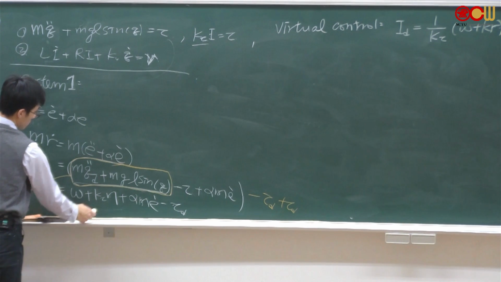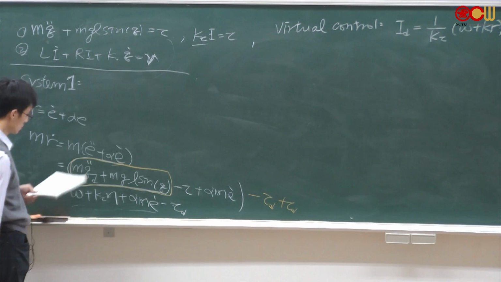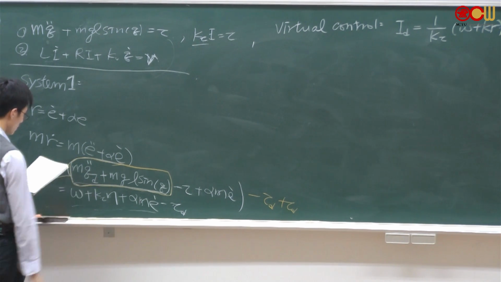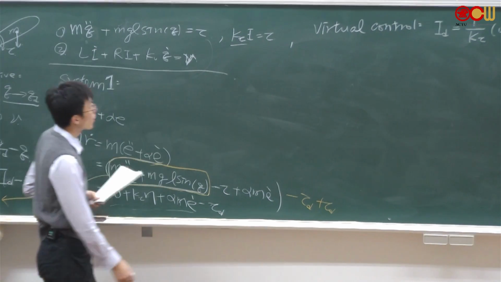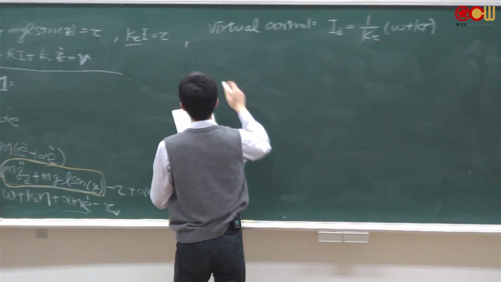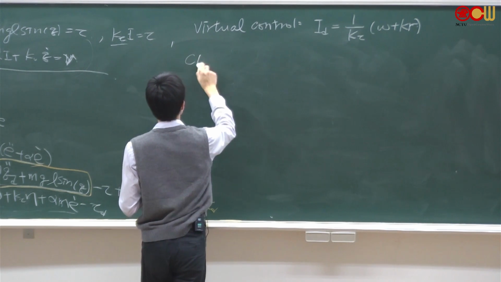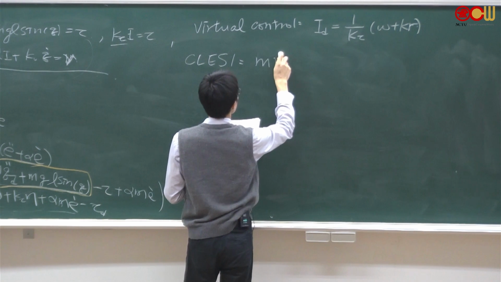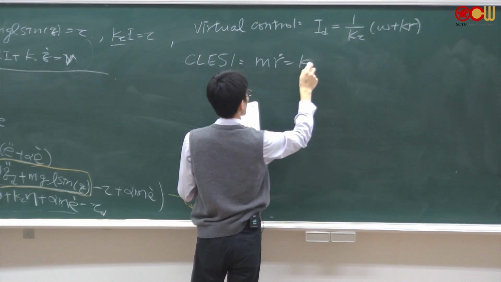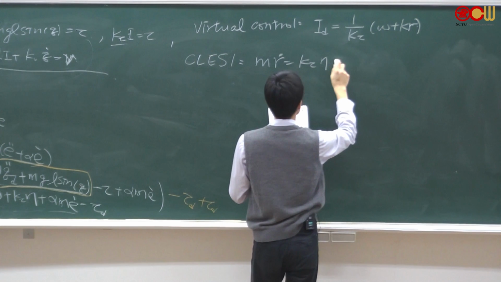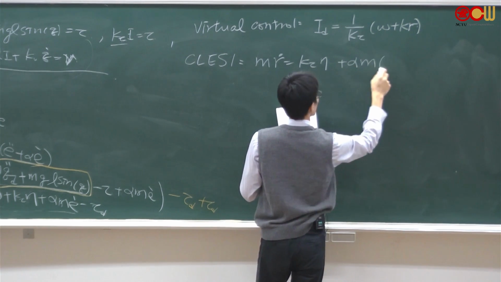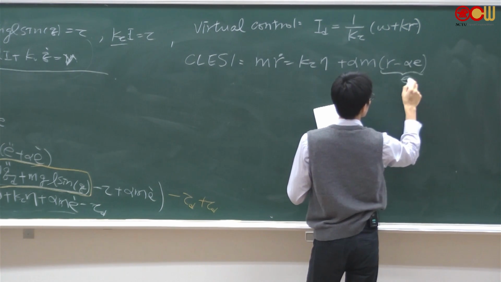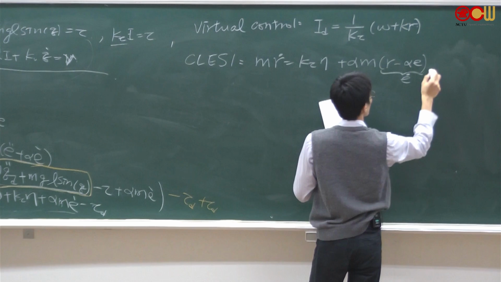This could be the cross term, and this could be further decomposed, but anyway, just keep it as it is. By substituting that virtual control, the closed loop error system 1 becomes M r dot equal to K tau eta plus alpha M r minus alpha E, which was E dot, minus K r.